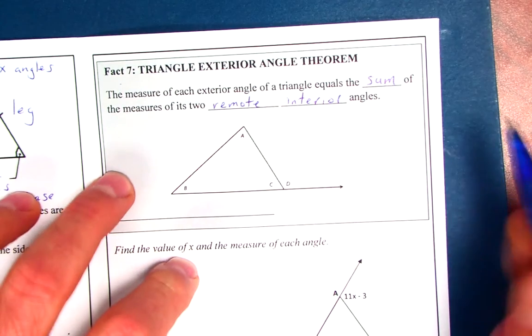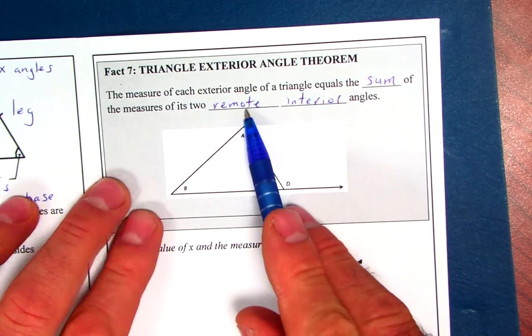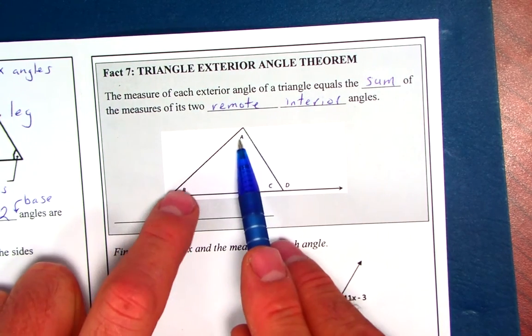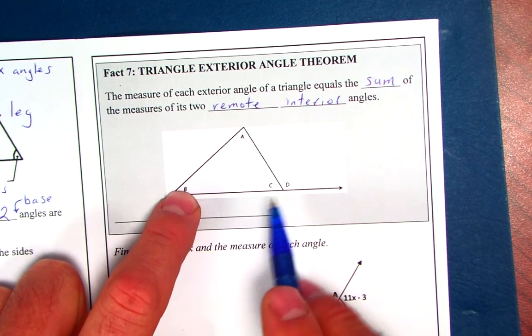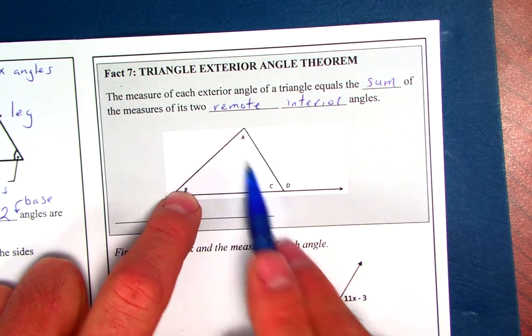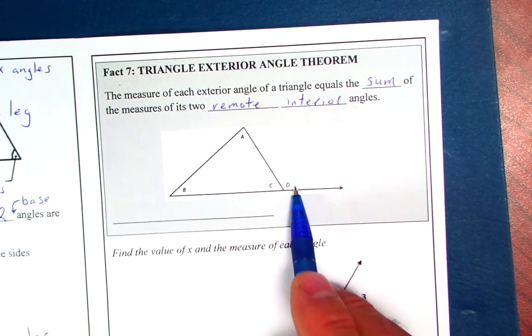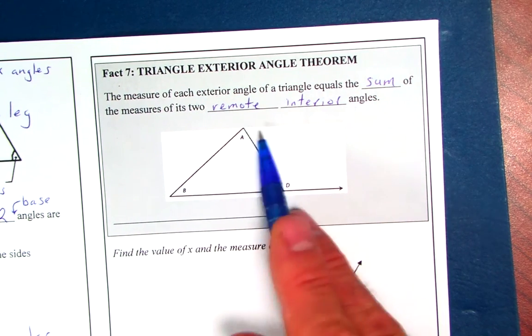Okay, so we've already discussed interior angles. That's just all the angles on the inside. The remote interior angles are the two other angles inside the triangle that are not a linear pair with this exterior angle. All right, so we have the exterior angle and the two remote interior.